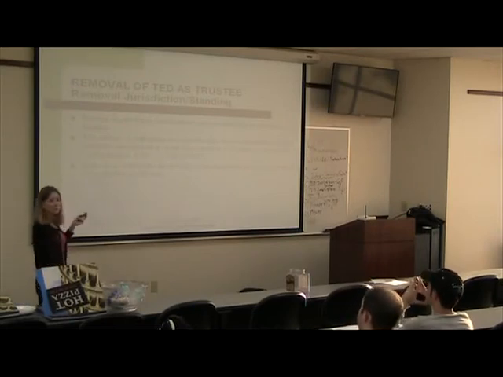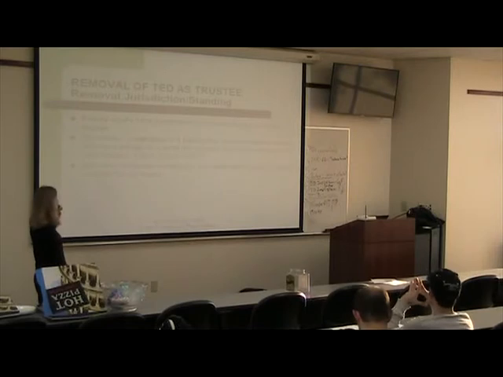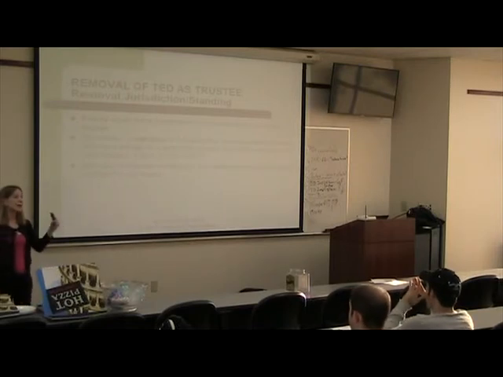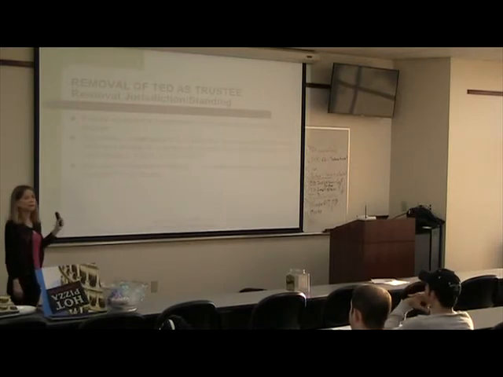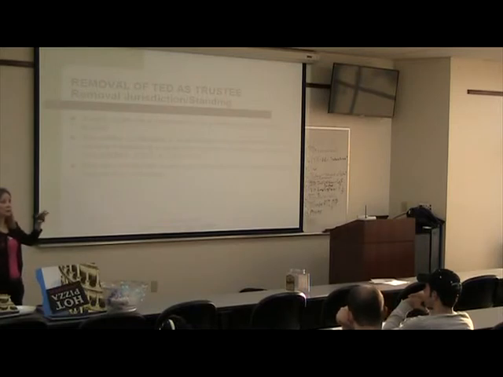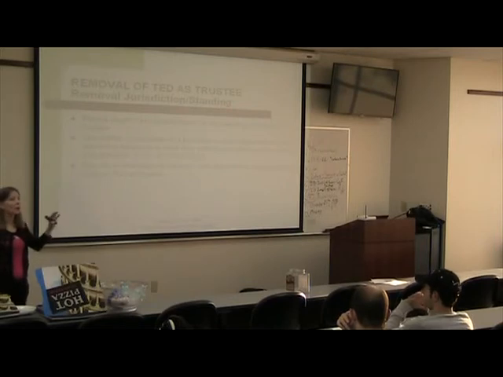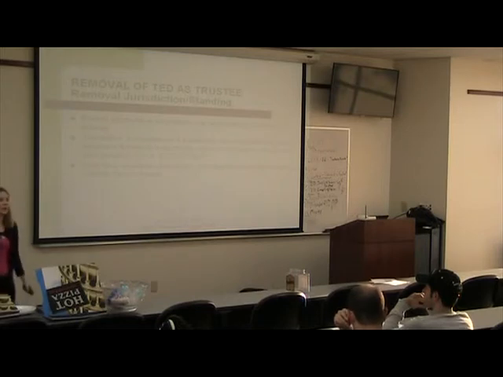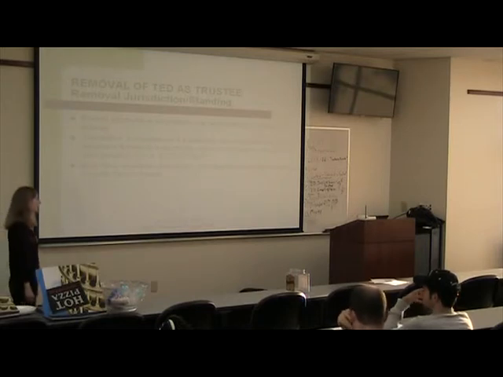So Bob, who's a remainder beneficiary, has standing to have Ted removed. He does not have to be a qualified beneficiary. To terminate an irrevocable trust, which is what we have in this case, in most situations, the beneficiary has to be a qualified beneficiary. And we'll talk about that later. But here, any beneficiary can seek removal of a trustee.